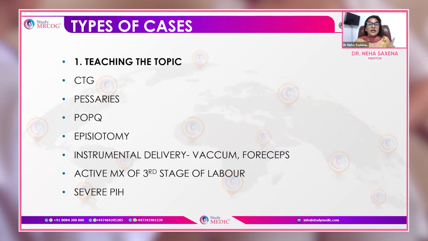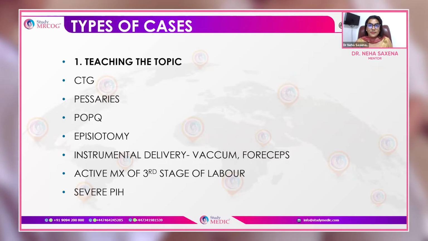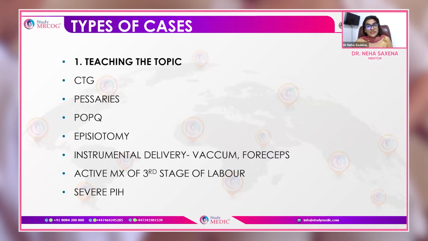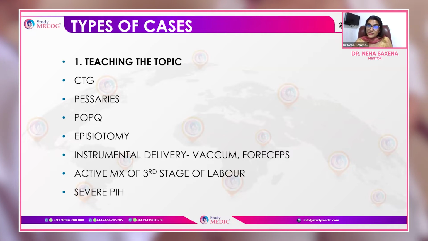First, it may be a simple teaching station where some topic is given and you have to teach your junior about that particular topic. For example, the examiner can give you CTG traces or some pessaries. My exam question was on POPQ classification, that I had to teach my junior about the POPQ classification.